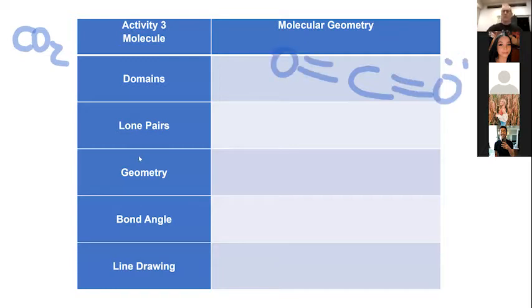How many domains around central carbon? 2, right. It's got a double bond on one side, a double bond on the other. How many lone pairs does the central carbon have? 0. None. So what's the geometry of this molecule going to be?